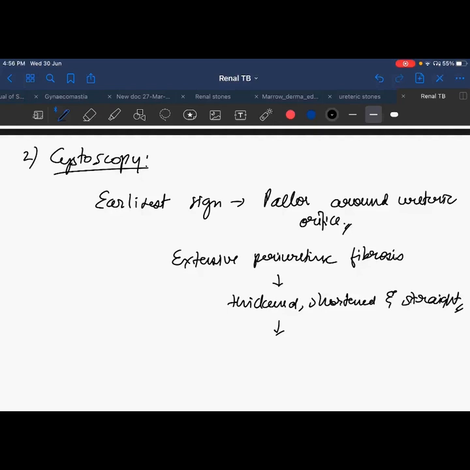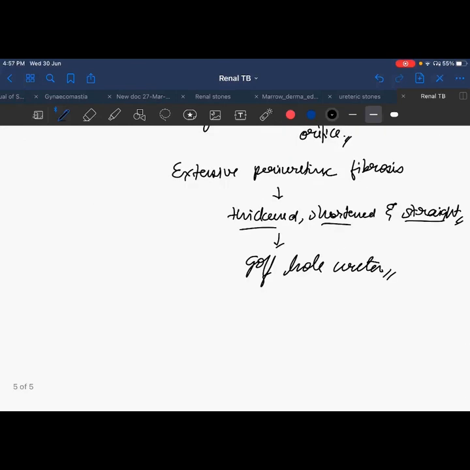And due to that, it does not contract. When the bladder contracts, the ureter does not contract, and the orifice is not closed. Such a thickened, shortened, straight ureter is known as a golf-hole ureter. Due to this, when the bladder is contracting, the ureter will not contract, which will lead to reflux of urine.